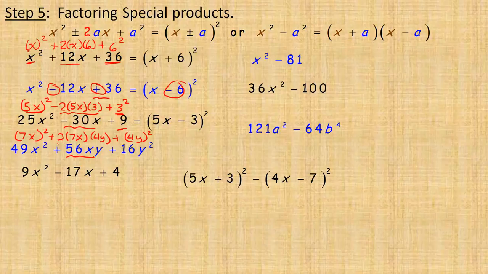And it is, because you see, that's 14x times 4y does give you 56xy. So this would factor into 7x and then plus 4y, all squared.